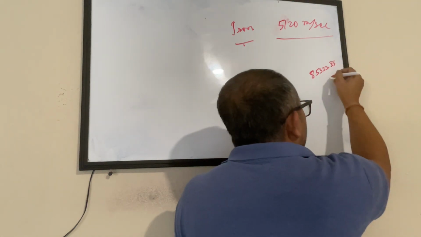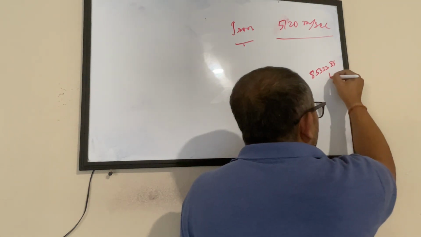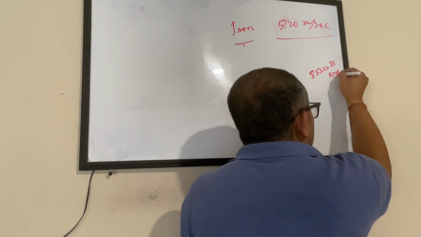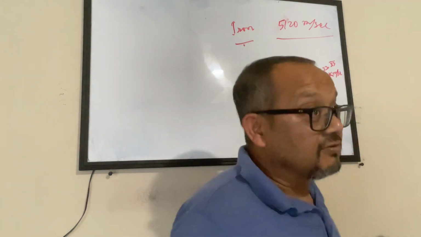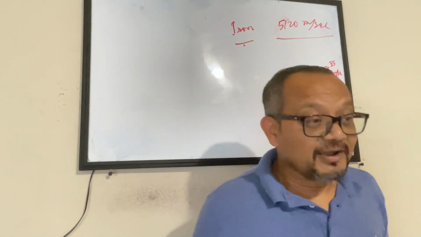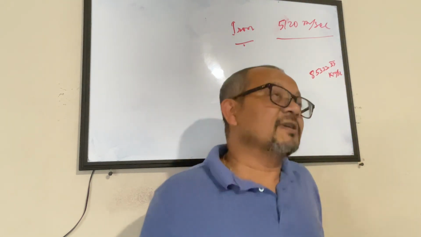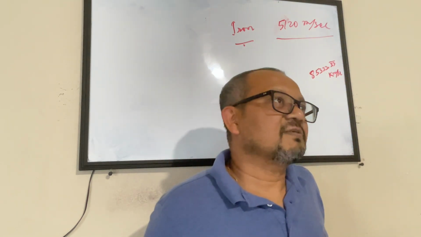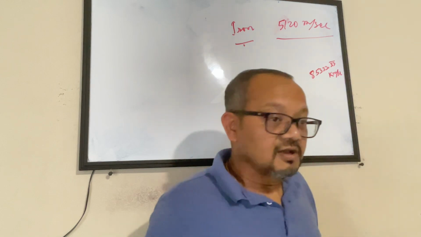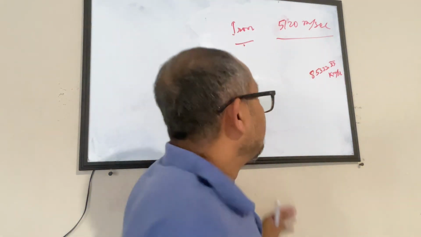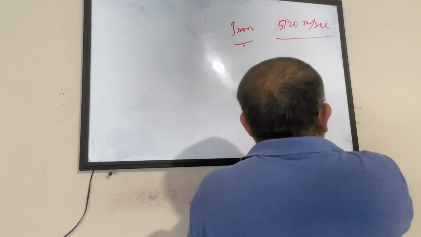Of what? Kilometers per hour. Say it loud. Because when you try keeping it low, many of you did that, okay? This much kilometers per hour, because you're not confident. You have to say kilometer per hour loud and clear because that is the most important part of the information.